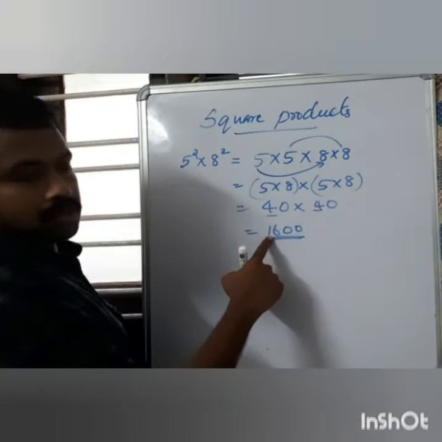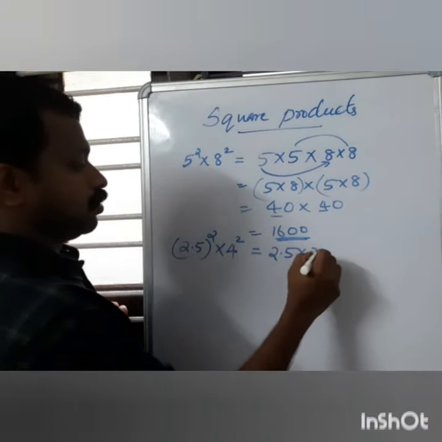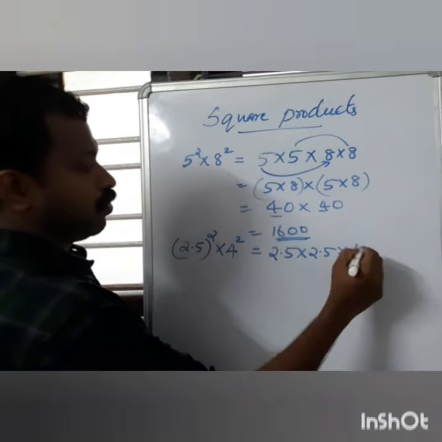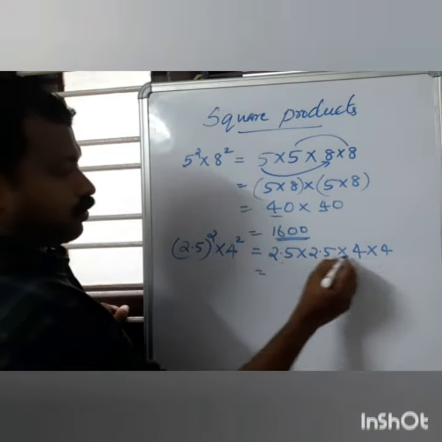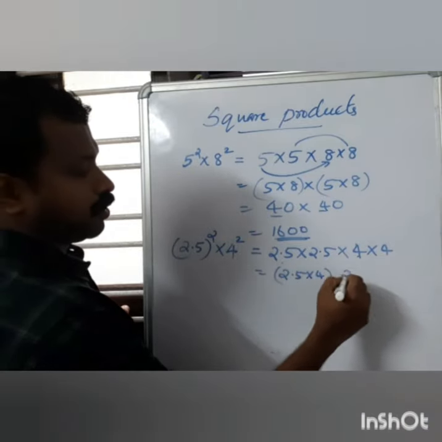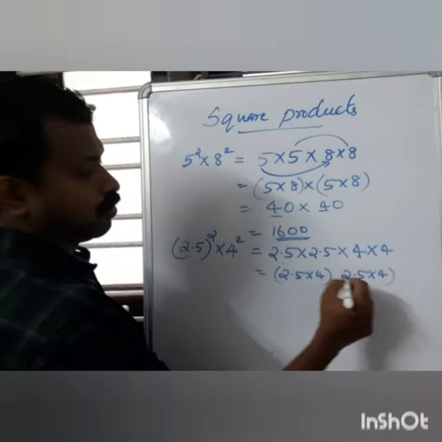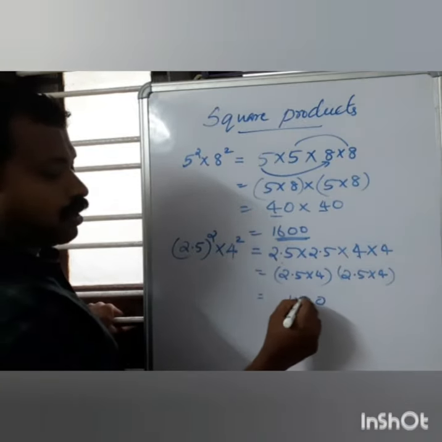So 40 into 40 is 1600. You can also write it as 2.5 into 2.5 into 4 into 4. Then 2.5 into 4, 25 into 4, you know how much? 100.